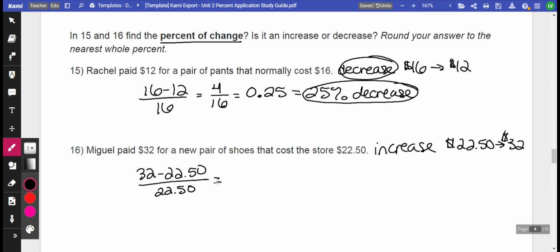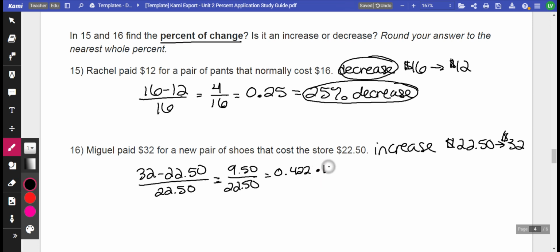Now I subtracted in this order because I have a larger number on the left. So I take 32 minus 22.50, and that gives me 9.50, and I divide that by 22.50, which gives me 0.422.